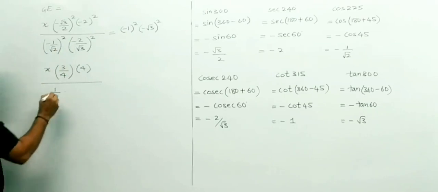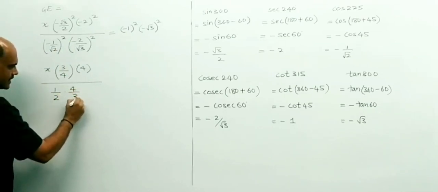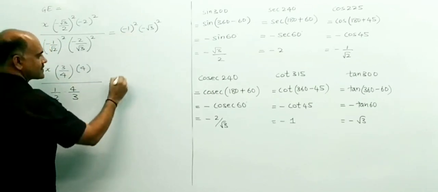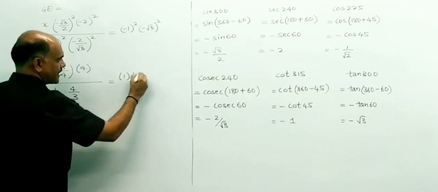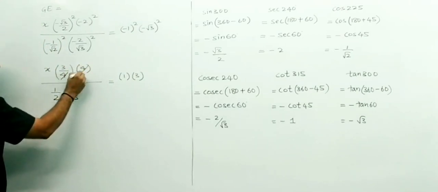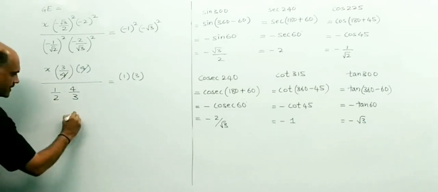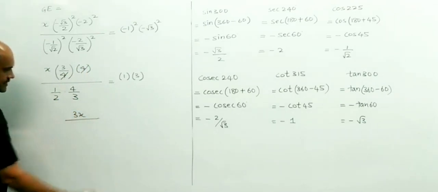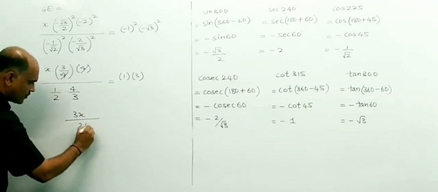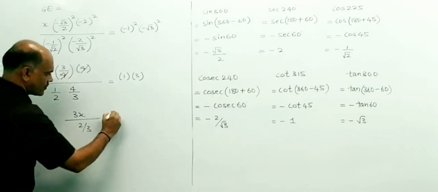If you square this you will have 4 by 3 is equal to minus 1 square you will have 1, minus root 3 square you will have 3. Now if I simplify, this 4 gets cancelled, so what remains? 3x divided by, this gets cancelled, you will have 2 by 3 is equal to 3.